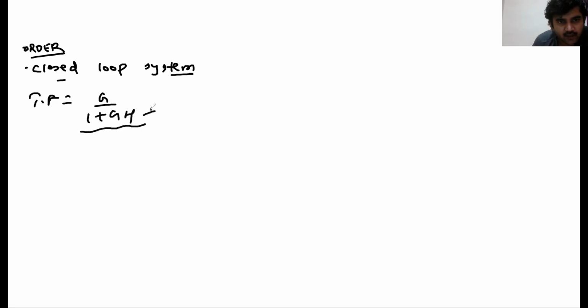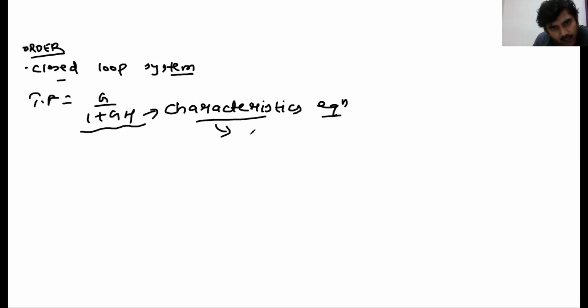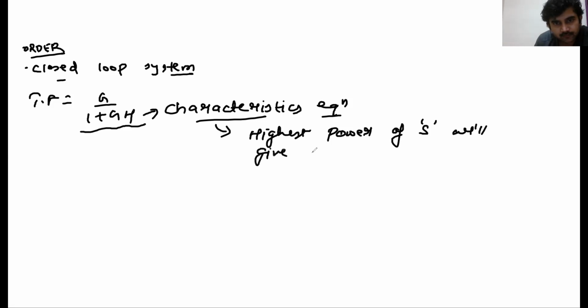Order is defined for closed loop system. If the transfer function of a closed loop system is like G/(1+GH), this is your characteristic equation. In this characteristic equation, the highest power of s will give you the order of the system.